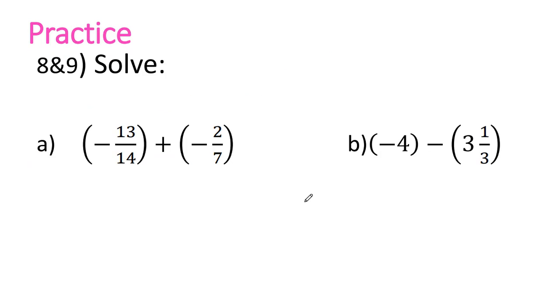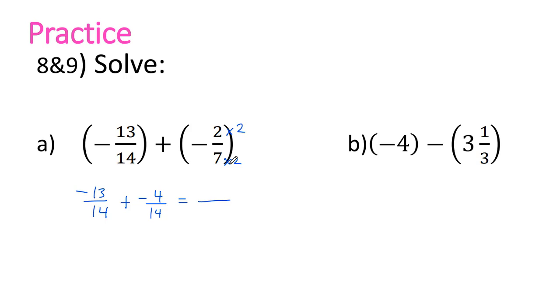So let's take a look and solve these two questions using the rules for lowest common denominator and our sign rules. For A, we have 14 and 7, so we need to make them like fractions by multiplying our second fraction by 2. Negative 13/14 plus a negative 4/14 means that the signs are the same, so I can keep the sign and just add those numerators.